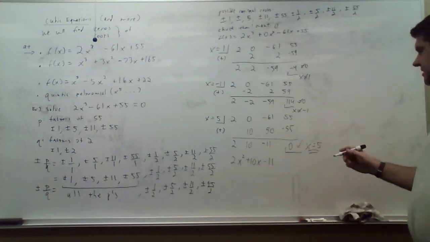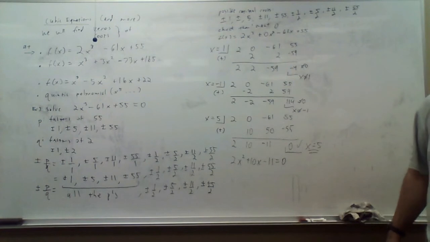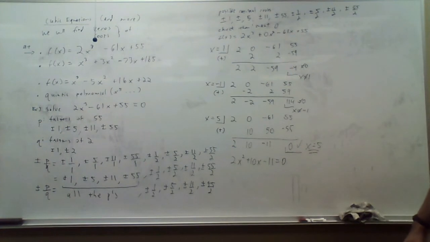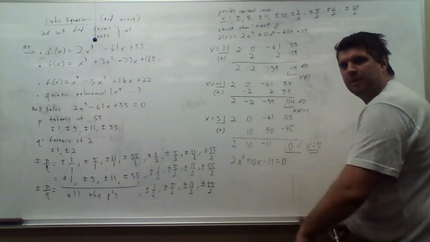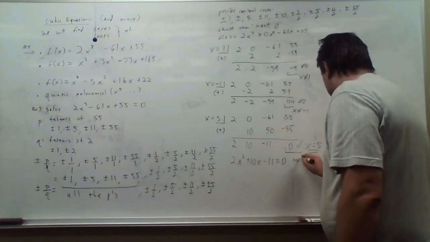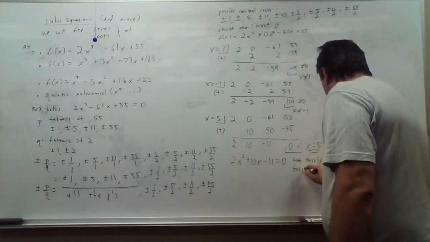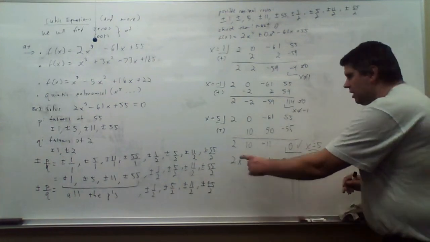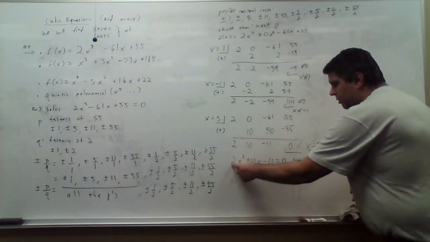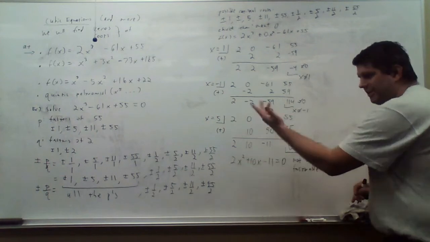You will want to set the quotient equal to 0 as well and solve it by whatever methods you can. This is not easily factorable. Reason: it's a trinomial, the lead coefficient is not 1, it's 2, and 2 doesn't divide all 3 terms.